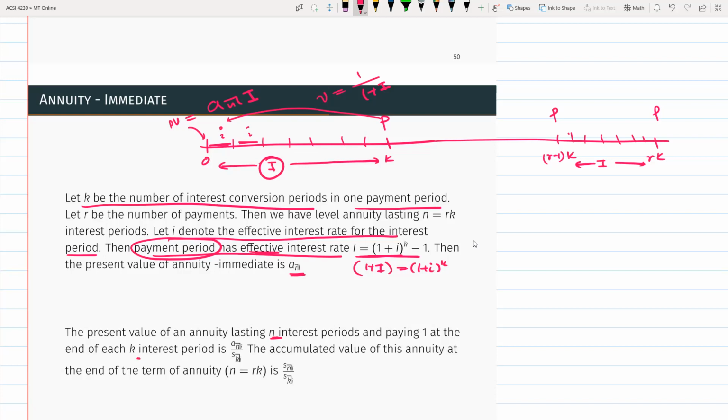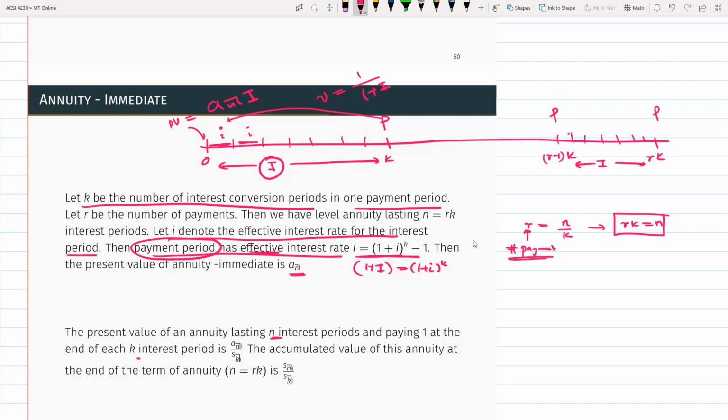So what this means is r is going to be n over k, or you can say r times k equals n. What is r? r is basically the number of payments.